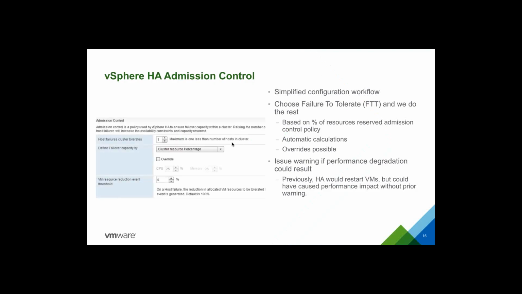We've simplified the configuration, making this a little bit easier. By default, from version 6 to 6.5, and all the way back to the first version of vSphere, admission control has always been based on a number of hosts to fail, and then we do this whole slot size calculation thing.